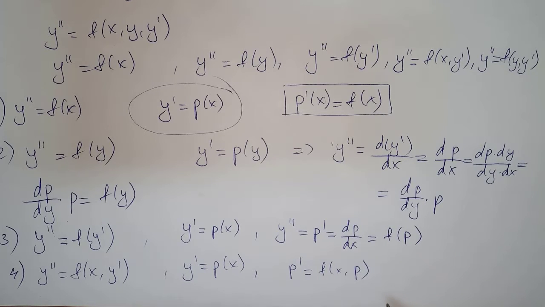By integrating we can find p of x. This is also separable variables. And then we can find y of x, putting here p of x. One more time integrate, and we'll get y of x.